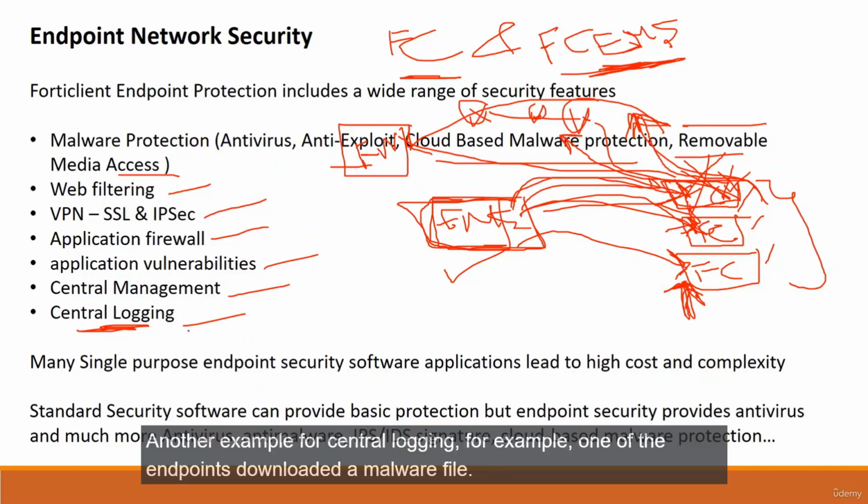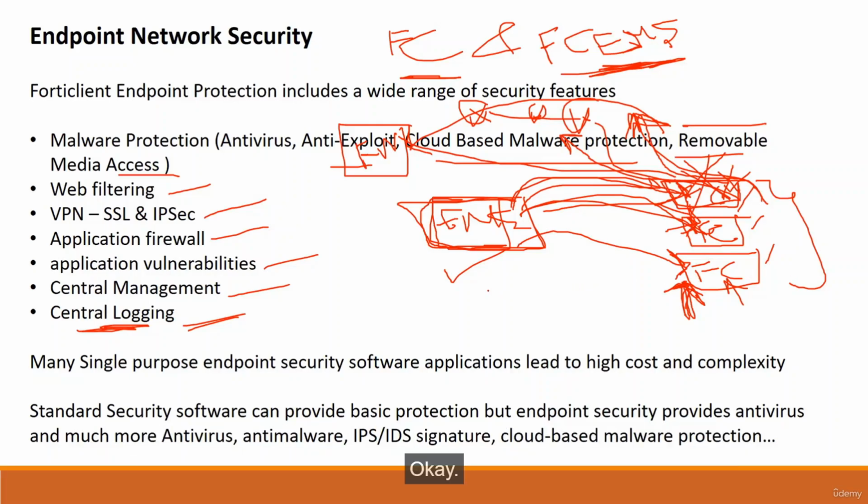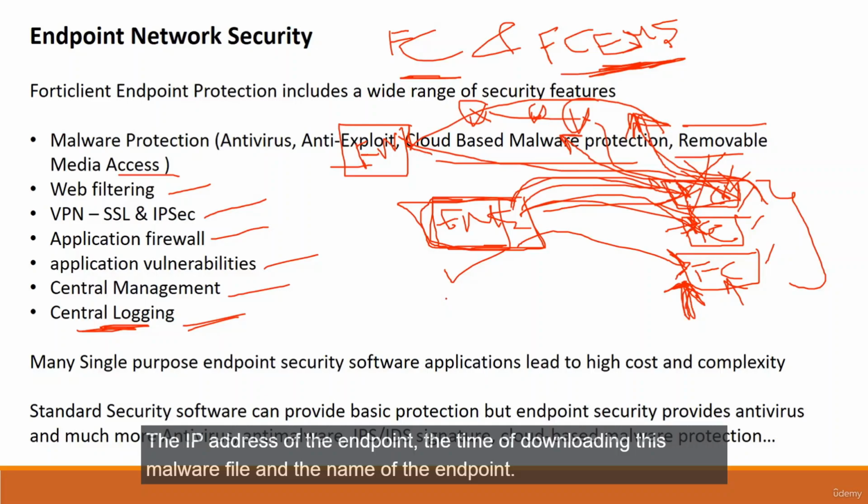Another example for central logging: one of the endpoints downloaded a malware file. You will see in the EMS that this endpoint downloaded a malware file, the IP address of the endpoint, the time of downloading this malware file, and the name of the endpoint.